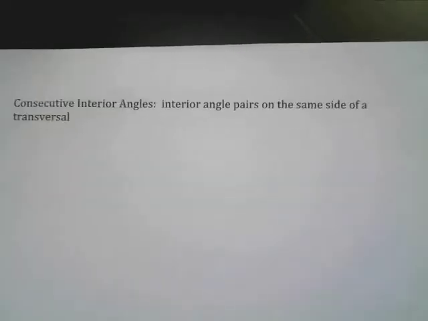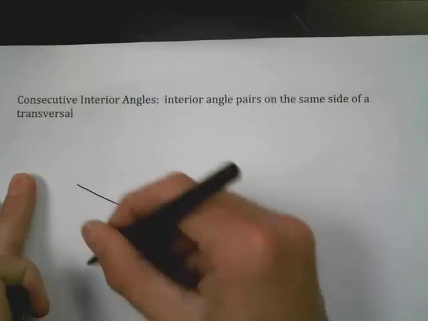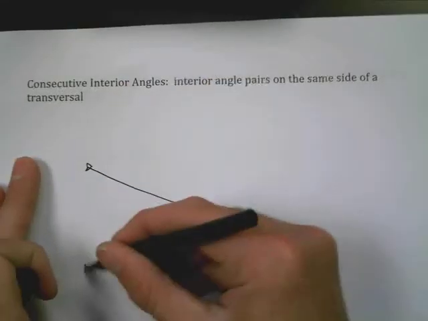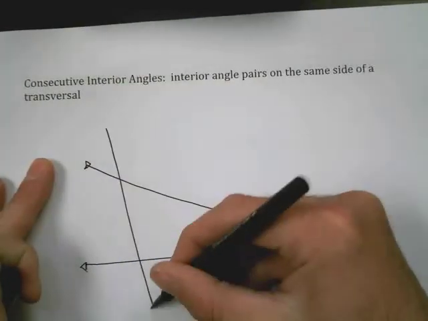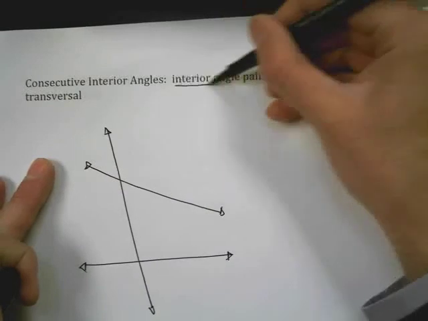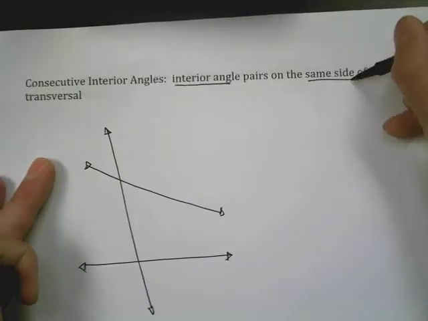So the next one on yours is consecutive interiors. So I'm going to draw my lines like this. These are my two lines that are cut by a transversal right here. And it says interior angle, so we know they're on the inside, and they're on the same side of the transversal.